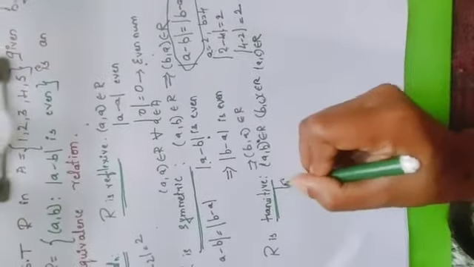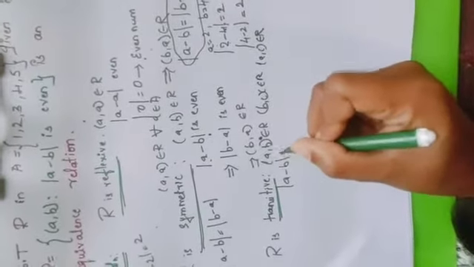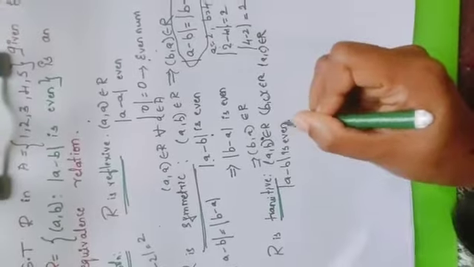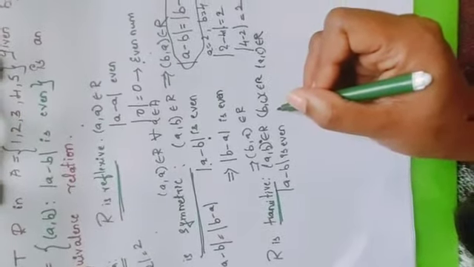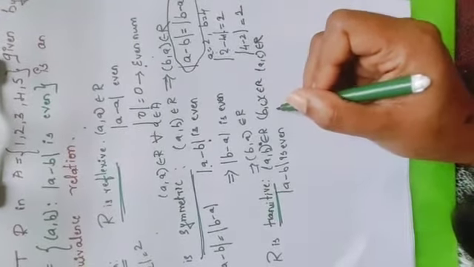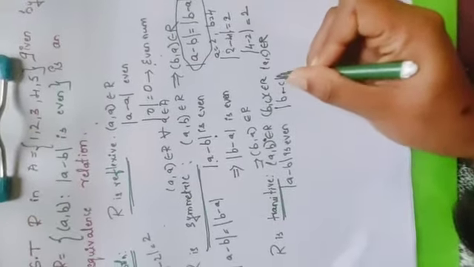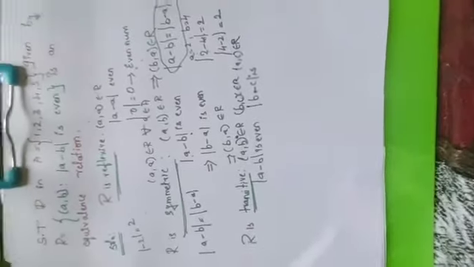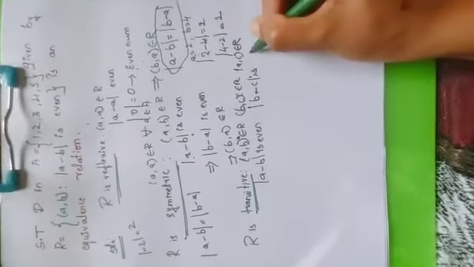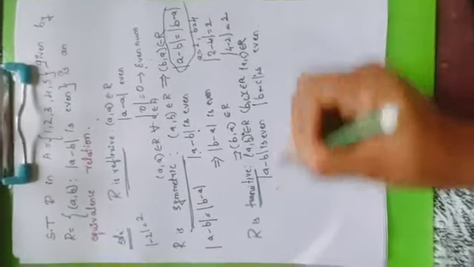That means modulus of A minus B is even, correct? What do you mean by B comma C is in R? That means modulus of B minus C is even.